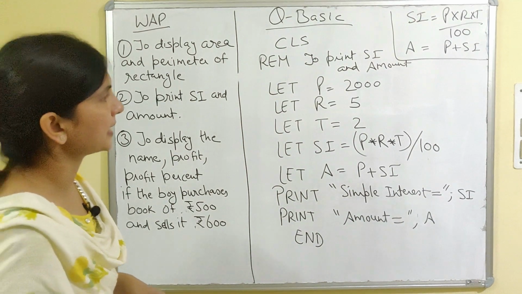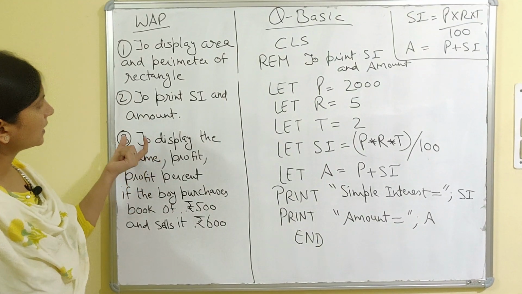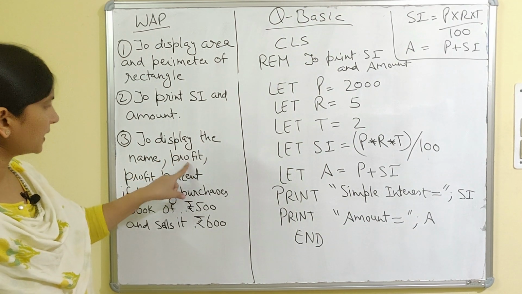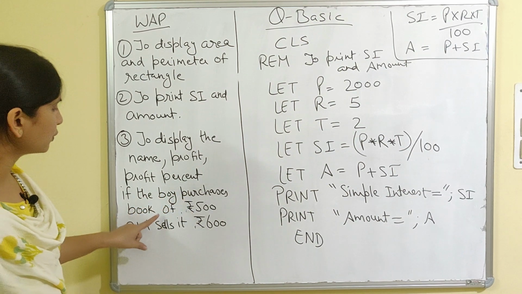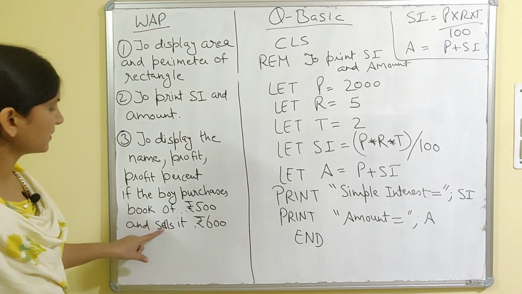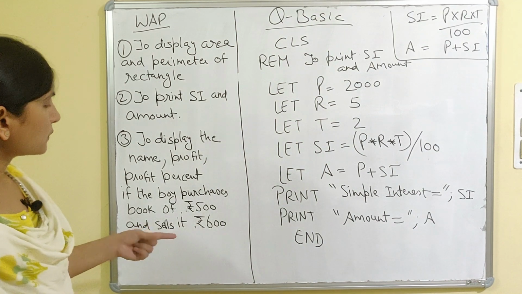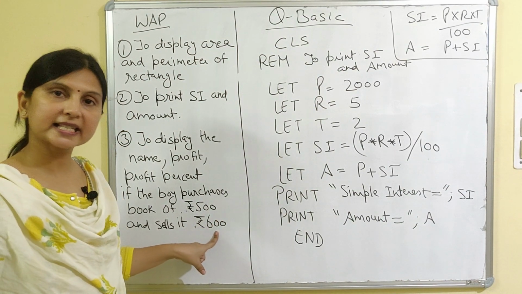Now let's do the third program. So what is the third program? Write a program to display the name, profit and profit percent if the boy purchases a book of 500 rupees and sells it for 600 rupees. So the cost price is 500 and the selling price is 600.